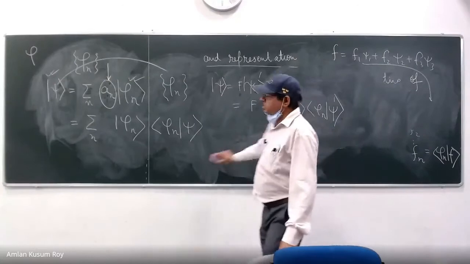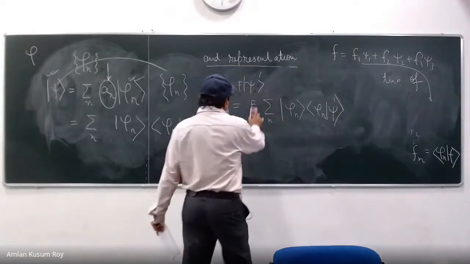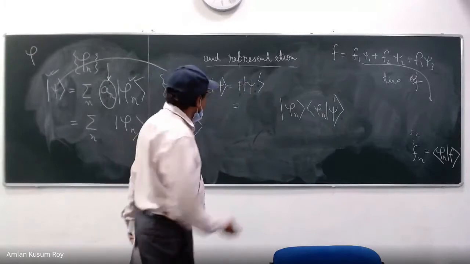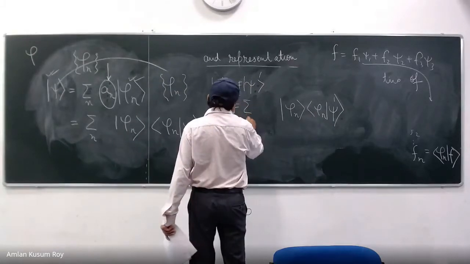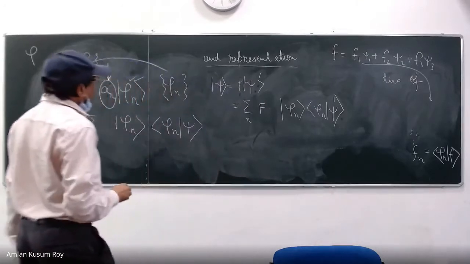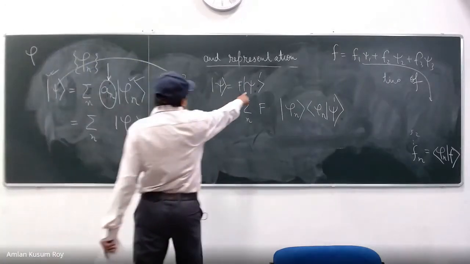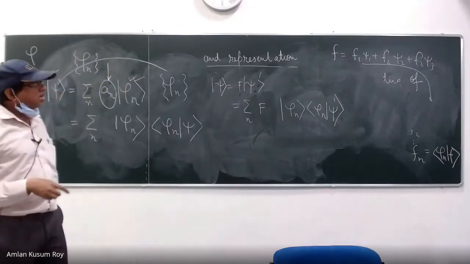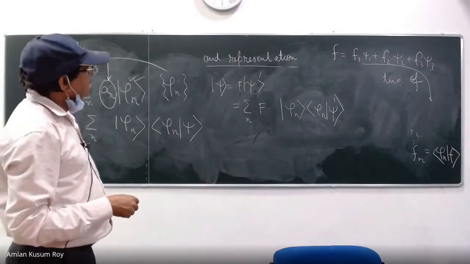I just wrote this, but I can also do this. I just expanded psi prime in an expression like this. That is all we have done. Nothing else has been changed.